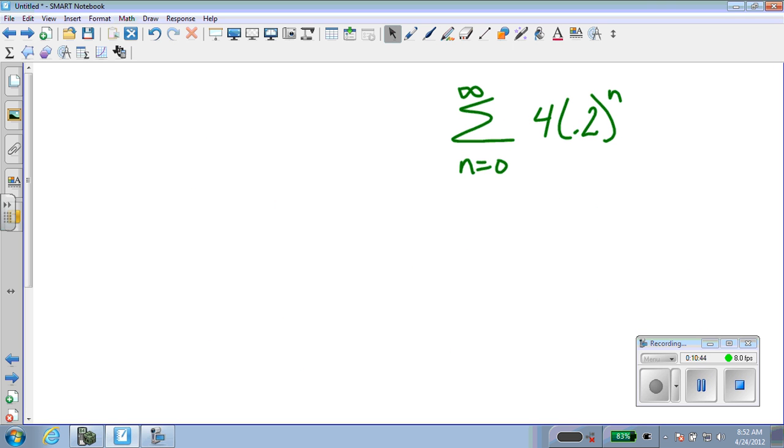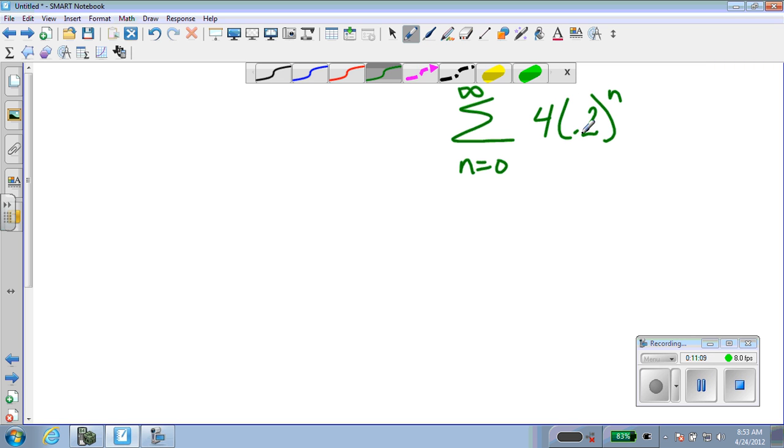Okay, so we have a geometric sequence. We are trying to find the sum of the terms all the way to infinity, so it is an infinite series. The common ratio is a number that is less than 1. So what would be the first term of this? Well, the first term will come by plugging in that 0.